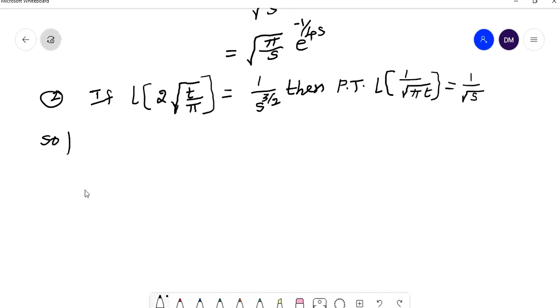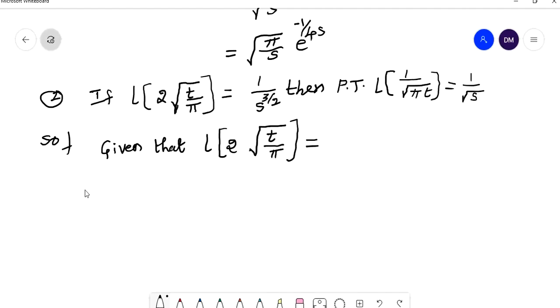What is the solution of this problem? First, what is the given data here? Laplace transform of 2 into root of t by pi is equal to 1 by s power 3 by 2. What is the form of the given data?